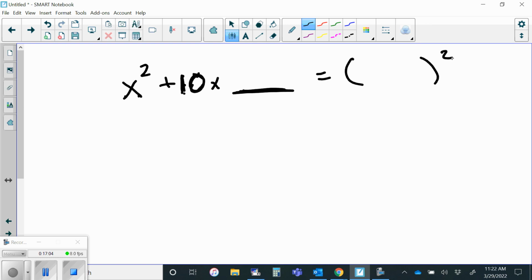So I want to be able to write it like that. What number would have to be back here in order for me to be able to write it like that? Why? What did you do? You said 10x divided by 2 is what? 5x, right? So I know there's going to be an x and I know there's going to be a 5 in here. Does that make sense?